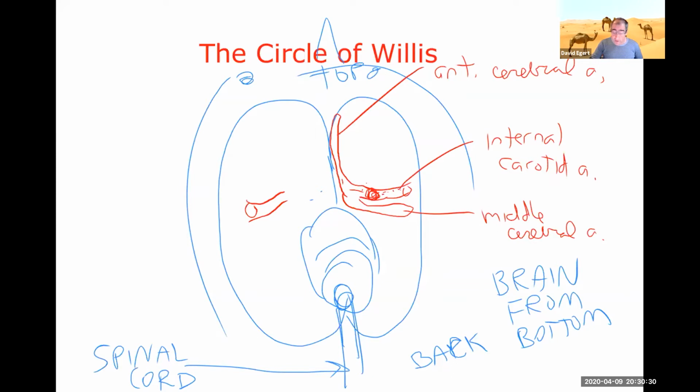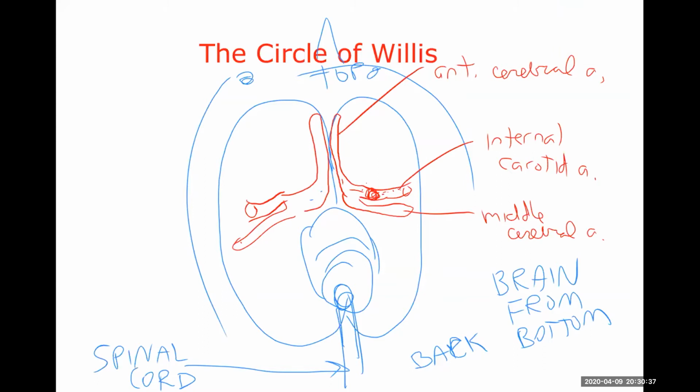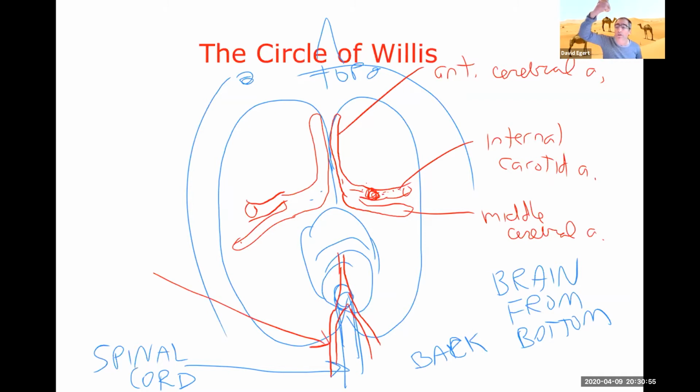What are the other arteries that are coming in? Vertebral artery. Exactly, the vertebral arteries. Remember the vertebral arteries coming up, the ones going through the transverse foramina of the cervical vertebrae and then entering up into the foramen magnum of the skull.